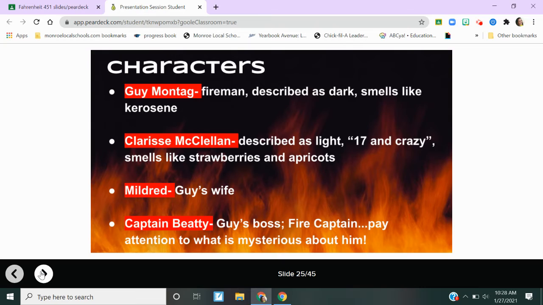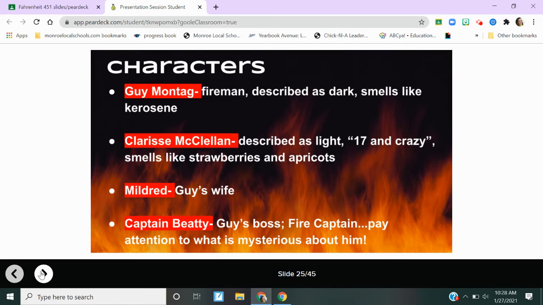So pay attention to those images. That is a symbol that's huge in the book. The other firemen's names are like Stone, maybe just Stone, Black, I don't remember. Beatty, like beetle, right? It's got that creepy imagery. So you will know when people are not so good and when they're good.